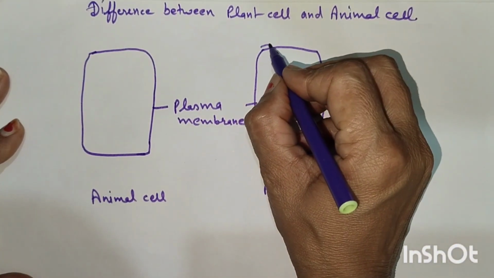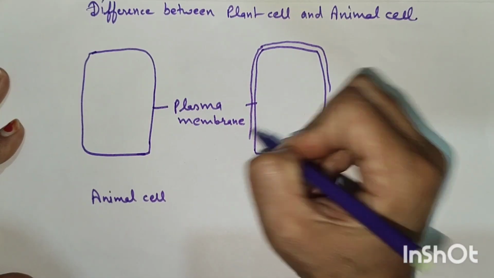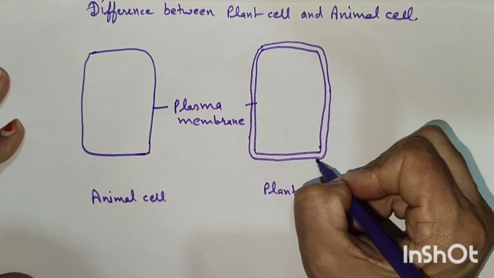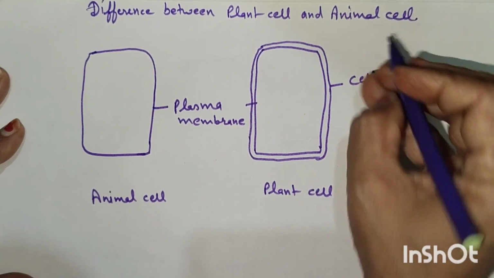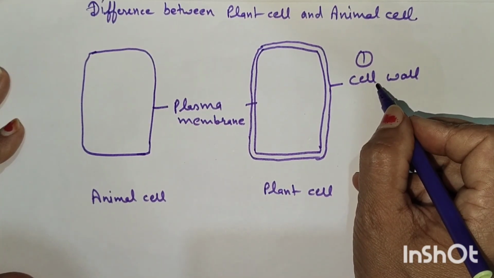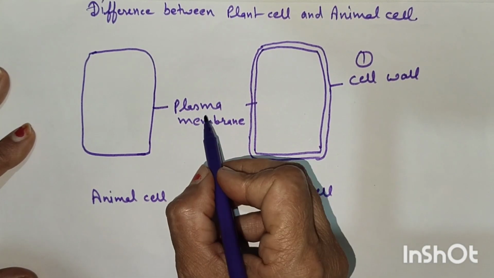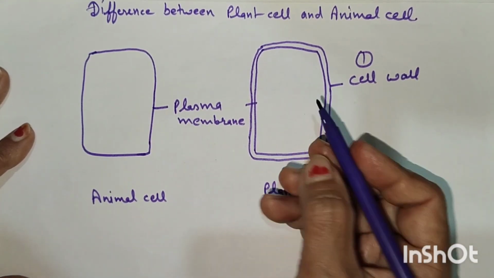In plant cell, there is another wall present outside the plasma membrane. This is called cell wall. This is the first difference. In plant cell, cell wall is present, but in animal cell, no cell wall is present, but plasma membrane is present in both the cells.